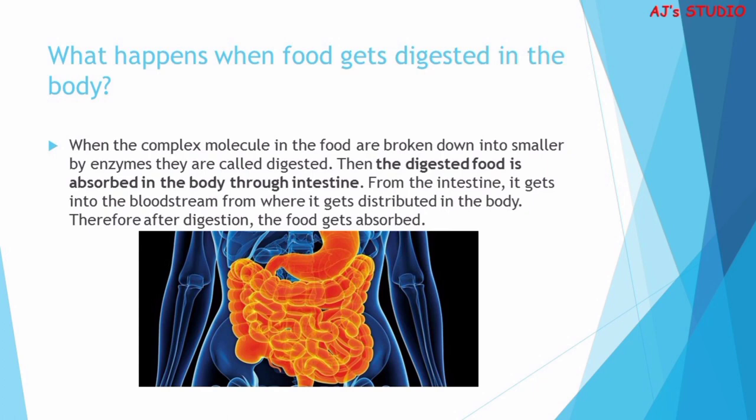The nutrients get absorbed, and then it enters the large intestine, where the water gets absorbed by the large intestine and the waste comes out through the anus. This is the process that happens whenever food enters the body.